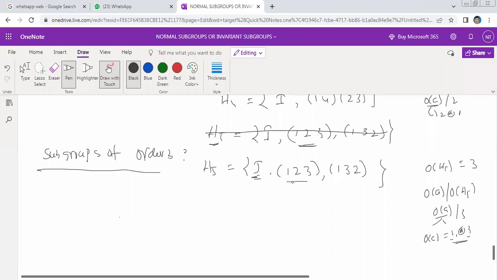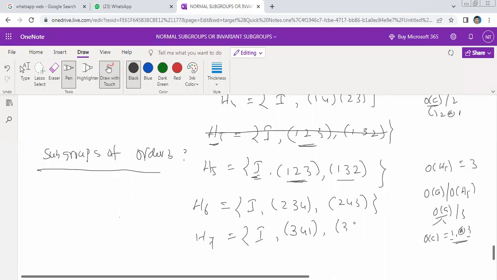(1 2 3) is one element of length 3, and this length is also its inverse. So H6 is the identity with another element of order 3. The next element is (2 3 4), and its inverse is (2 4 3). Right, H7 is the identity with another element, (3 4 1), whose inverse is (3 1 4).